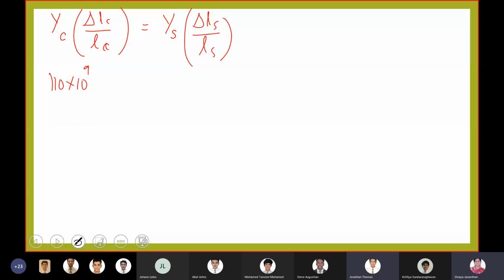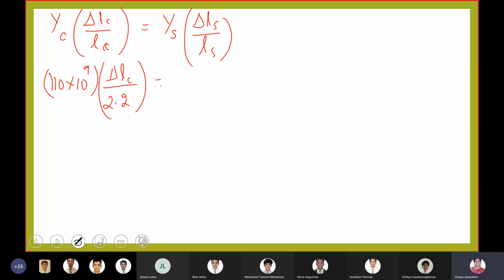Plus 9. Okay, fine. What is the length of the copper wire, Johan? 2.2 meters. Correct.